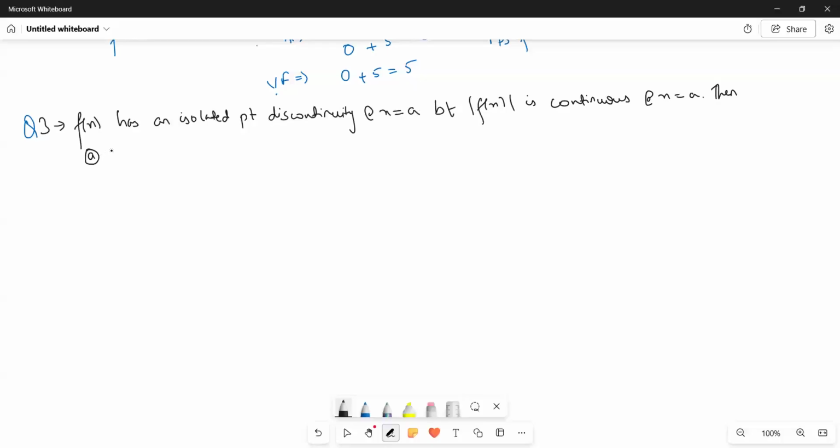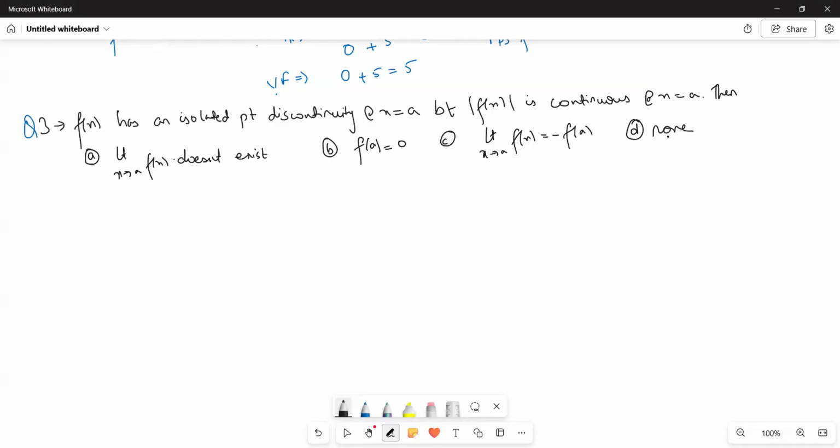A, limit x tending to a f(x) doesn't exist. B, f of a is 0. Option C, limit x tending to a f(x) is minus of f of a. D, none.